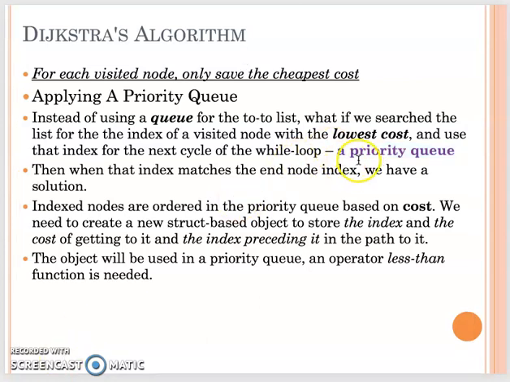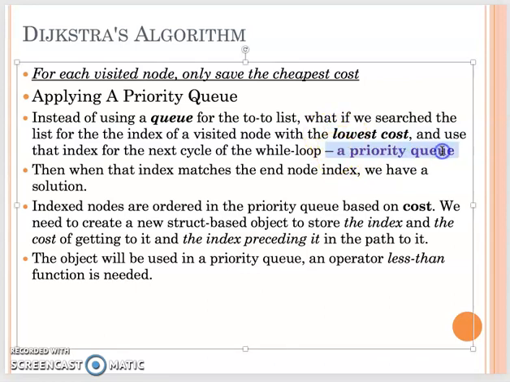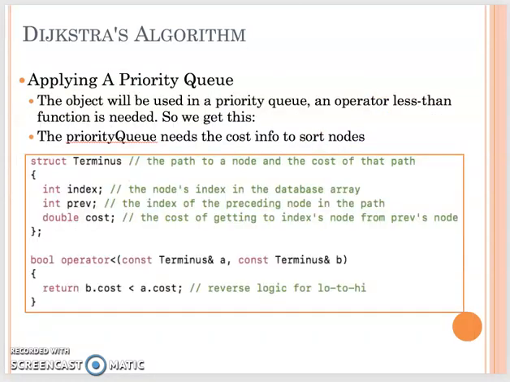The next most important thing is how we should build the priority queue. What is the priority queue data type? We need node information, and we also need cost information. That's why, to build up this priority queue, we add a new struct. This node struct we call the terminus. This terminus includes, as we said earlier, the index.